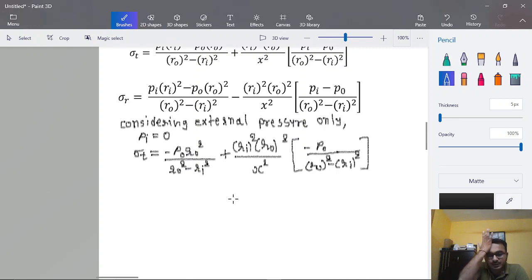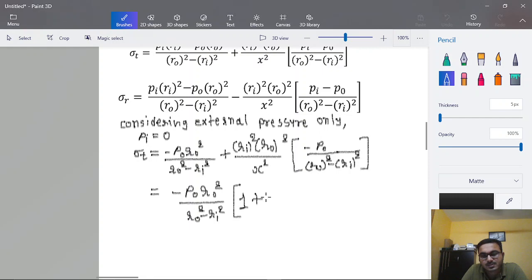Once we modify this and go to the final conclusion, sigma T is equal to minus Po Ro square divided by Ro square minus Ri square into 1 plus Ri square divided by x square.